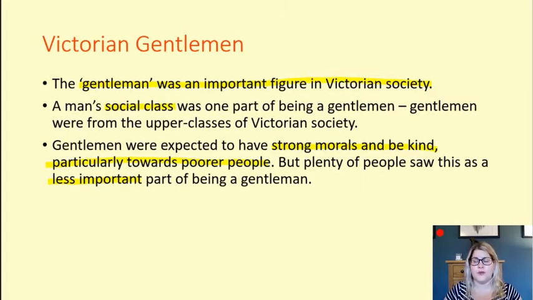However, we know in reality that wasn't really the case, and again, it's that idea of duality, so presenting yourself as this very morally correct, kind character, but actually not really caring about the poor and probably being quite judgmental about them. So again, jot down the key things very quickly, and then we'll move on.